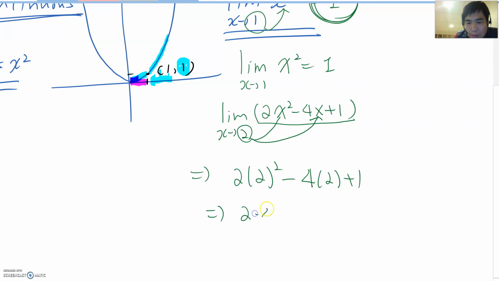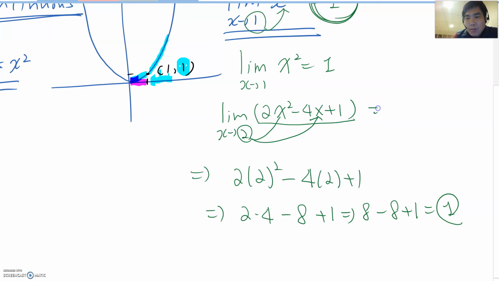Therefore, 2 times 4 minus 8 plus 1, which is 8 minus 8 plus 1, equals 1. So this limit value also equals 1. Likewise, as long as you are talking about a continuous function, you just input the limit x value into the function, and that's how you get the limit value.